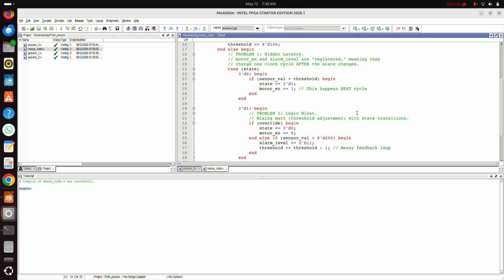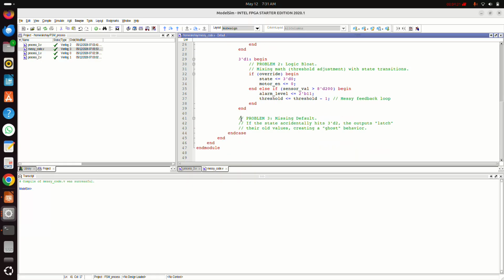The second problem is logic bloat. It mixes the output with the state transition. This problem arises at the synthesis level. Our simulation is good and 100% correct, but at the synthesis level the problem arises.